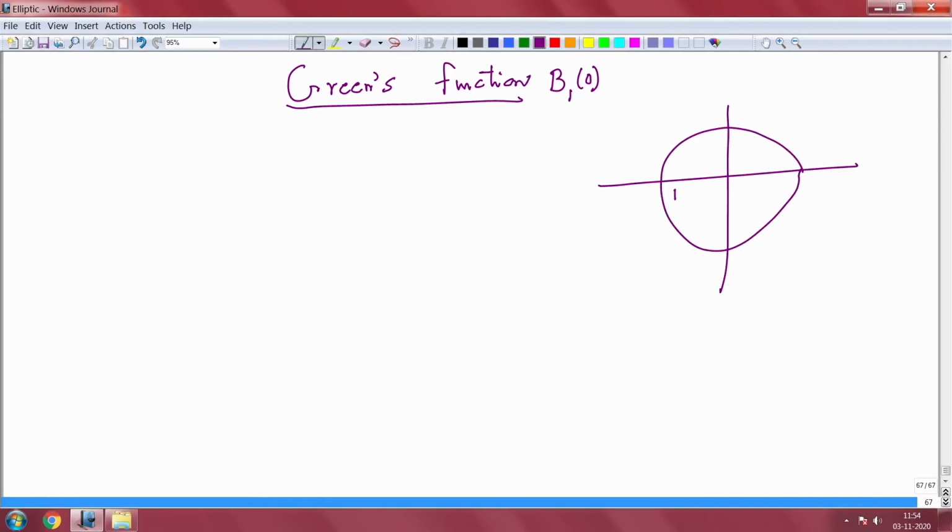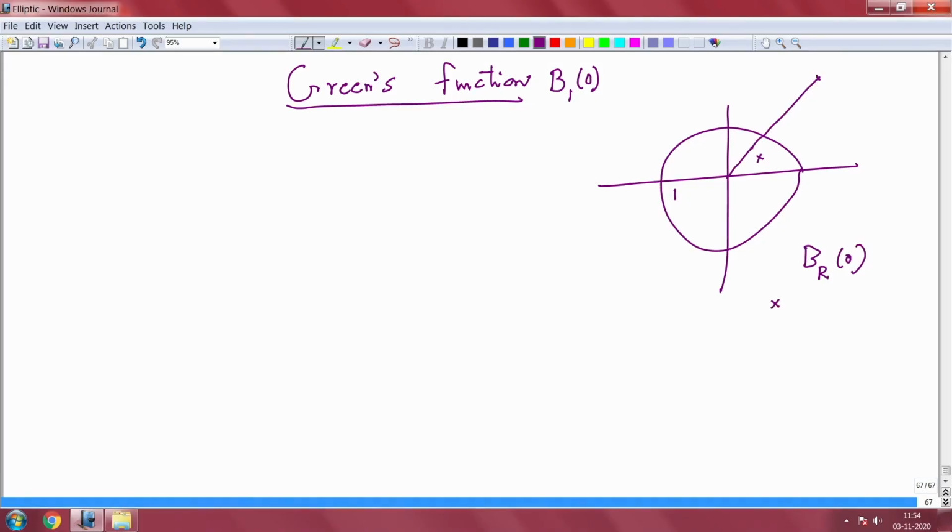So, I use the same symmetry argument. This symmetry is what we call inversion point. If you have a point x here, you have an inversion point here. So, for a general ball, let me call it B R at 0.